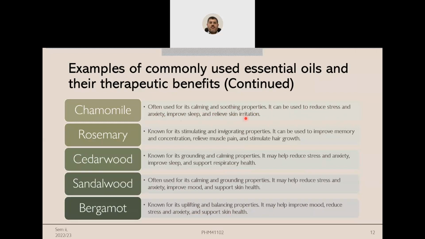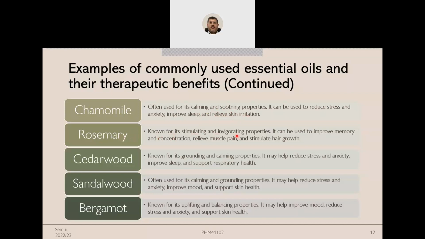And in my kampong, they boil it and use it for colic, for abdominal colic. And we see chamomile is used in a lot of skincare products because of the soothing properties, and because it relieves skin irritation, isn't it?